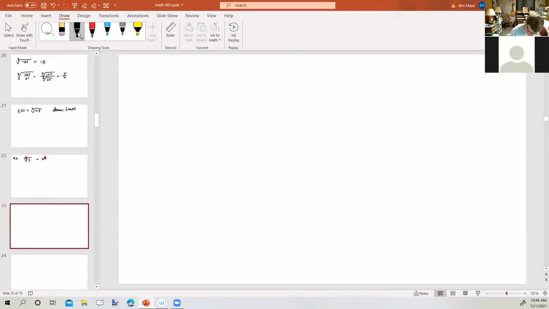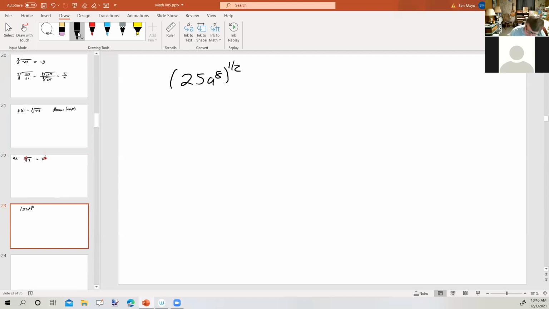Let's take this example. We've got 25a to the 8th power, all to the 1/2 power. It says simplify each expression. Assume that the variables can be any real number and use absolute value symbols when necessary.